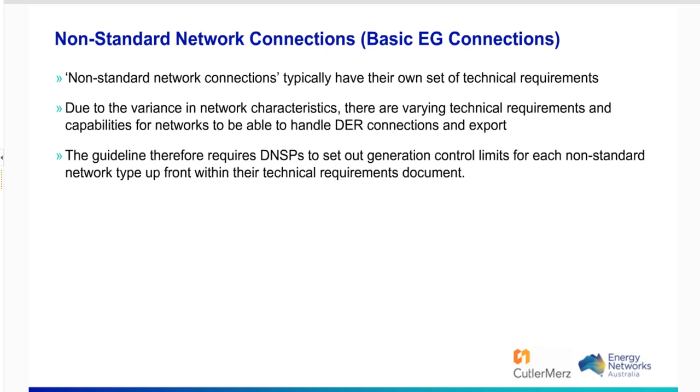The idea and the style and the pointing of the guidelines for those NSPs that have to deal with non-standard network portions of their network is to declare those up front so that proponents, so that customers know up front which parts of that particular network are less susceptible to high penetration of DER.